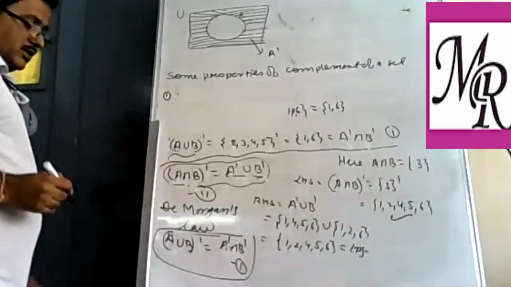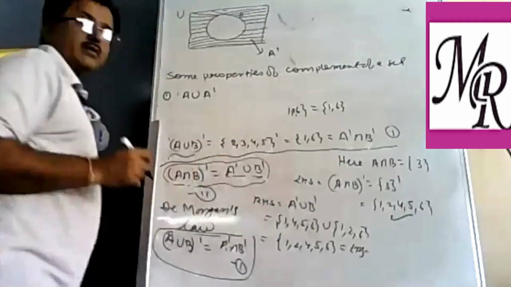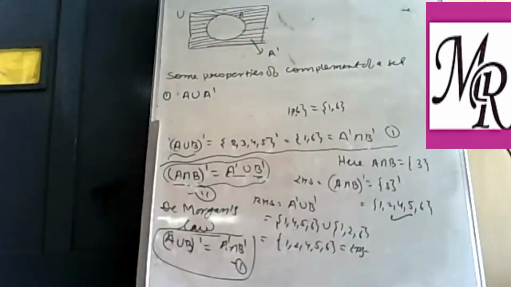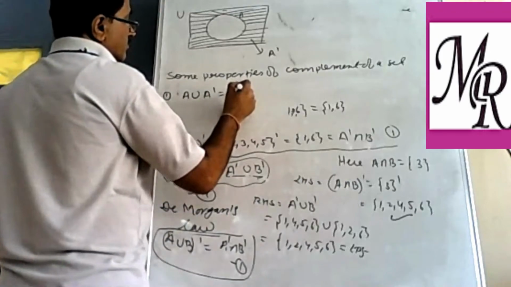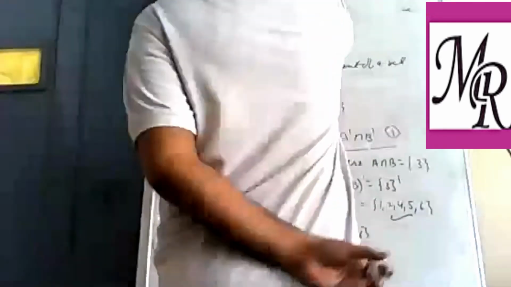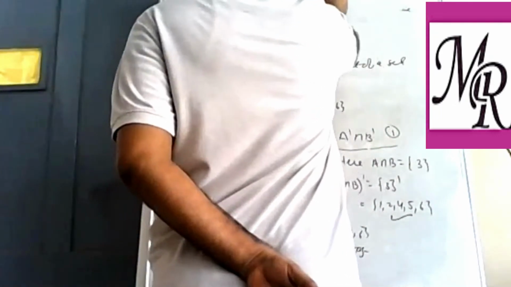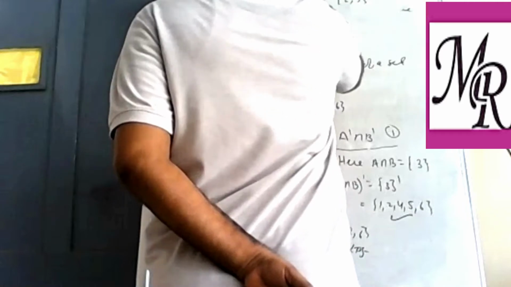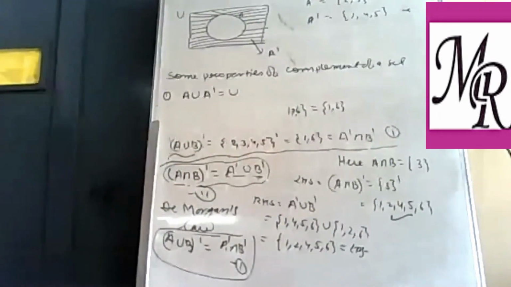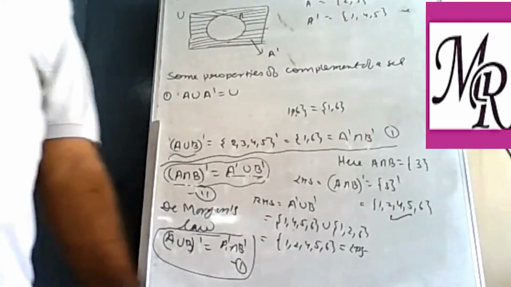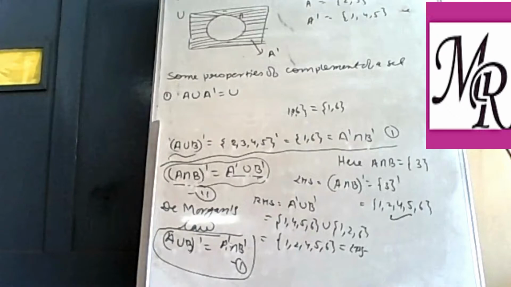So first, if you take A union A complement, that is equal to U. Why? Suppose you are given U equal to 1, 2, 3, 4, 5 and A equal to 2 and 3. Then its complement will be 1, 4, 5.